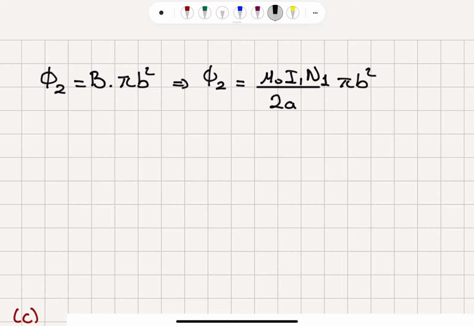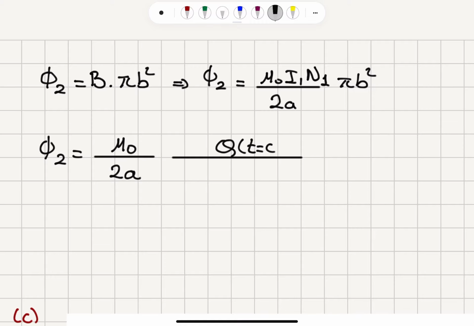Okay, so now I can calculate this magnetic flux. Now I have mu 0 over 2A times the current. The current is the charge at t equal to 0 divided by RC, where R is 2 pi A N1 times the resistance per length. And then I have N1 times pi b squared.